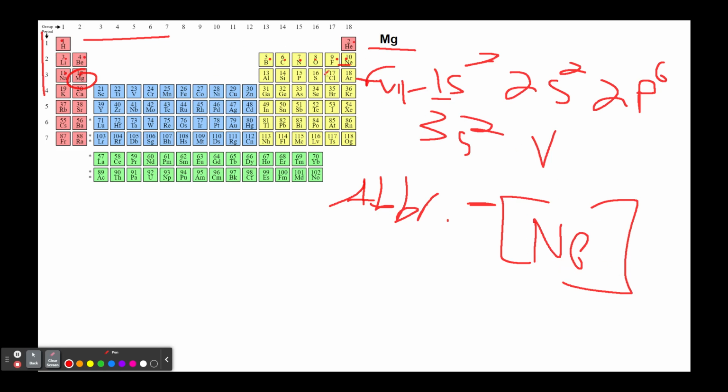So for example, if we were in sulfur, its noble gas core would still be neon. You have to go back because it represents all these core electrons that really aren't going to react. The ones in the valence, though, will. So back to magnesium, we determined its noble gas inner core, which is neon, so we wrote that in there with brackets.